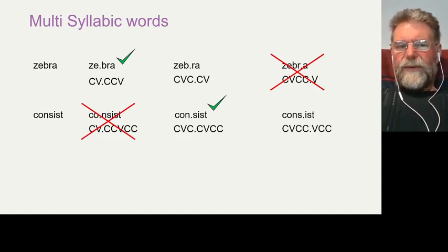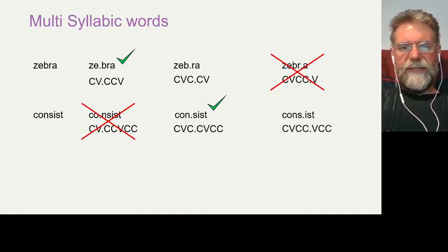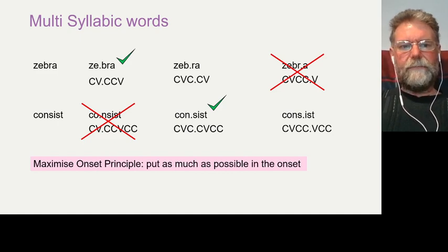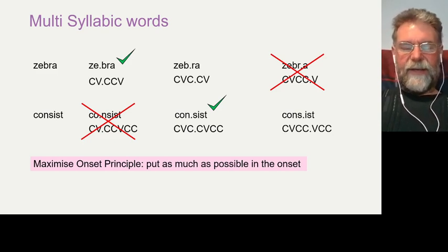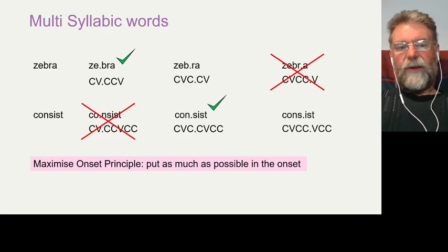So why is it those two? What's actually going on? Well, by way of an explanation for how to syllabify these words, it's been proposed that there is a general principle known as the maximal onset principle. And that says, put as much material as you can into the onset.